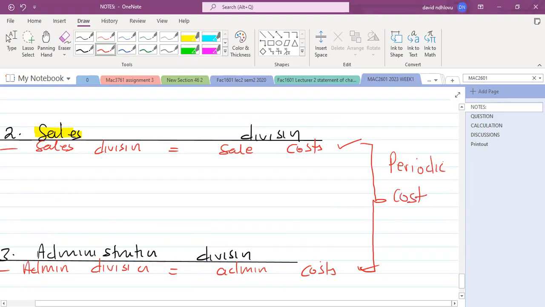So these are what we call the periodic costs. It is important to remember that term. You can get a multiple choice question that says sales plus admin costs equals what? Then they give you different terms. You must know that we call that a periodic cost.